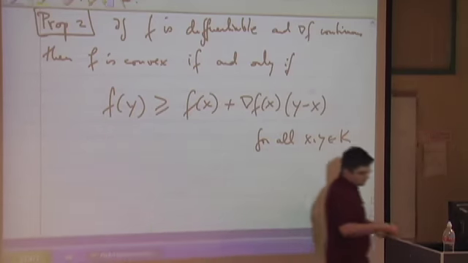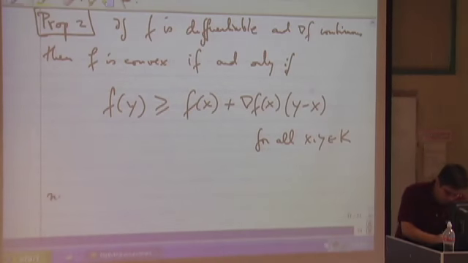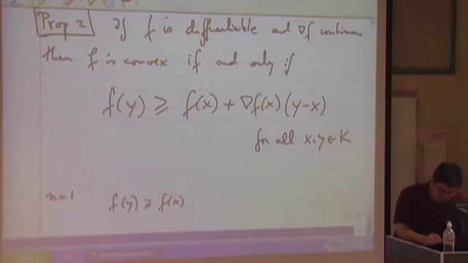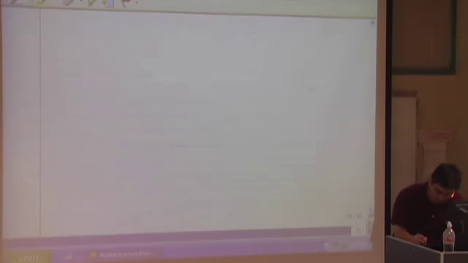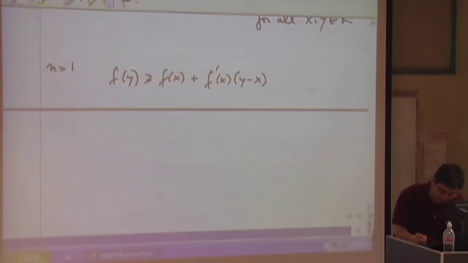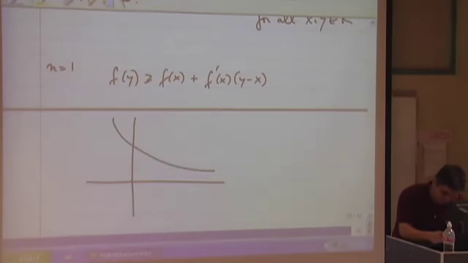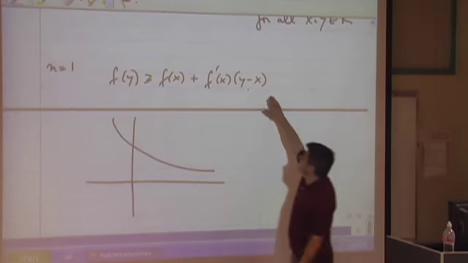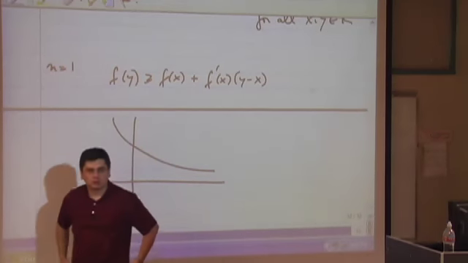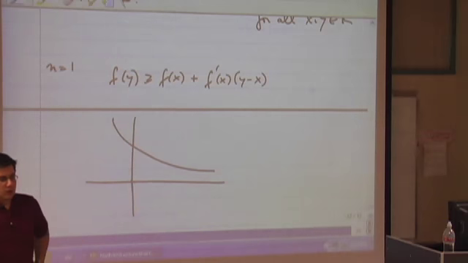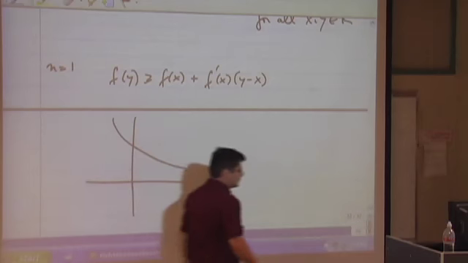But just in n equals 1, this would translate to say that f of y is greater than or equal to f of x plus f prime of x times y minus x. Take a look at the right-hand side of this inequality. What do you see there? Say x is some point here.